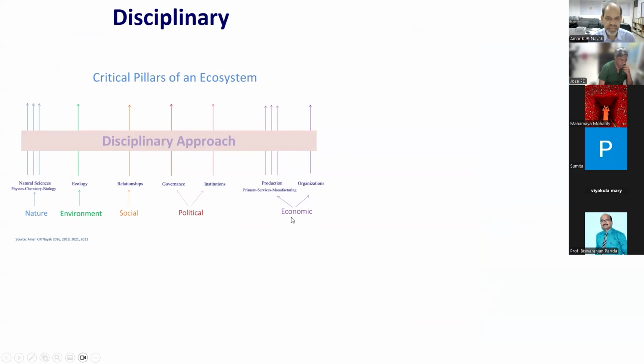Each of these critical pillars has different subjects, and there are many more fields that we study. But the approach of most of the work that we have is reductionist, and therefore it is basically disciplinary in nature. Of course, there have been a lot of improvements in the approach to understanding phenomena, but this is one way of looking at how disciplines work.